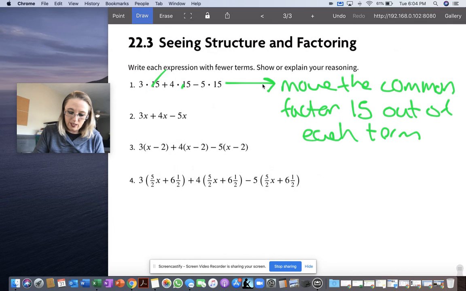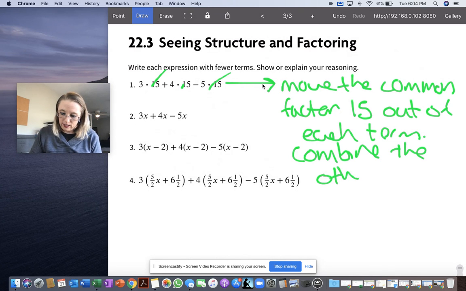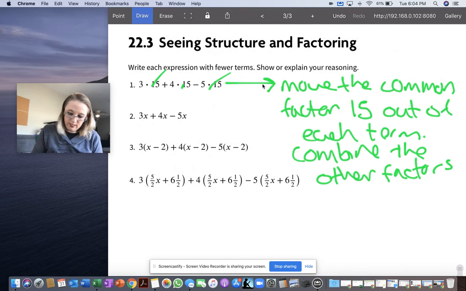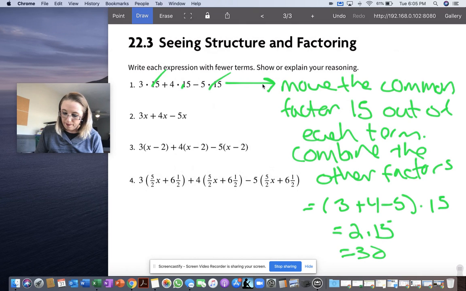Okay, 15, 15, 15. Okay. And then combine the other factors to get 3 plus 4 minus 5 times 15, which is going to give you 2 times 15, which equals 30. Okay? Pause there if you need to.